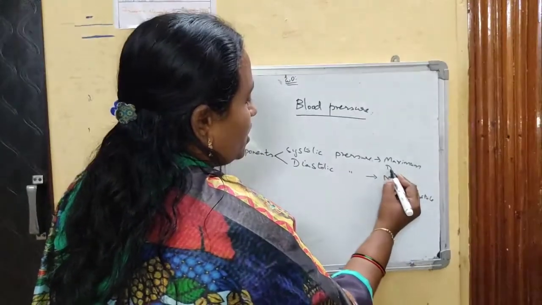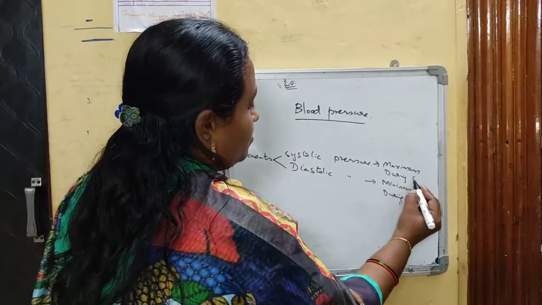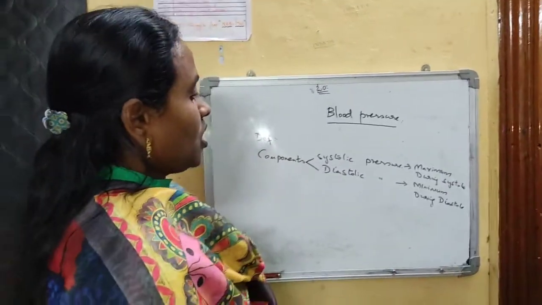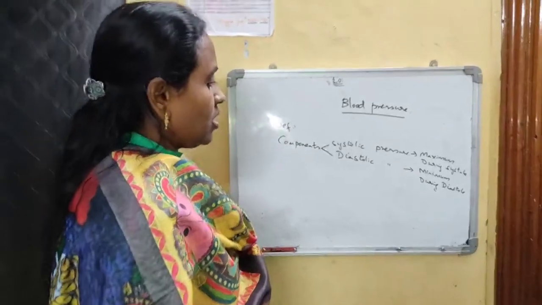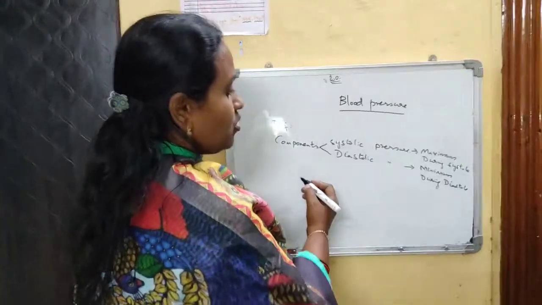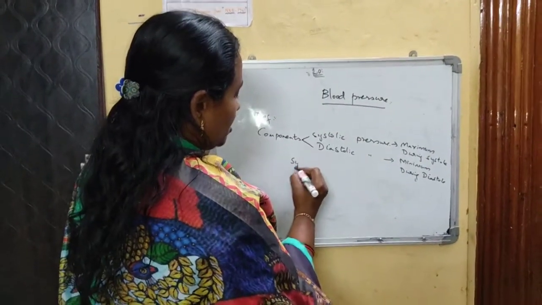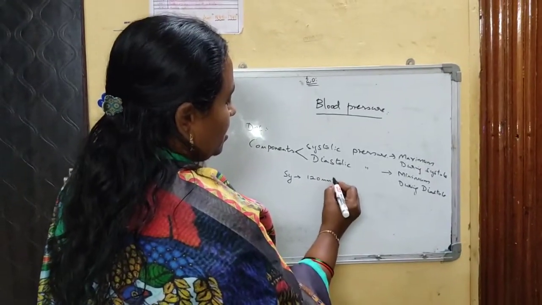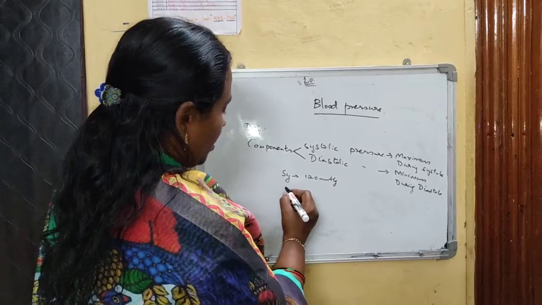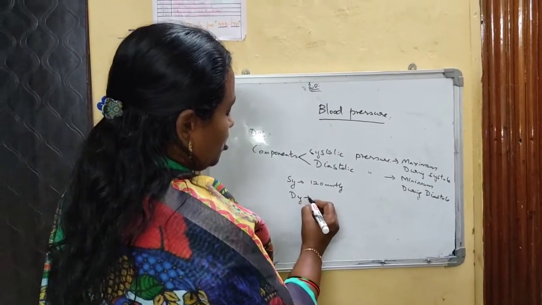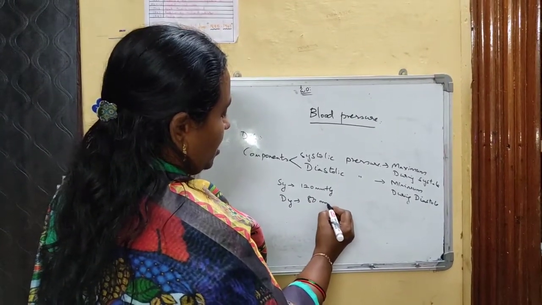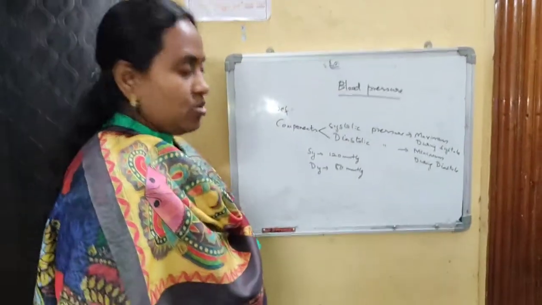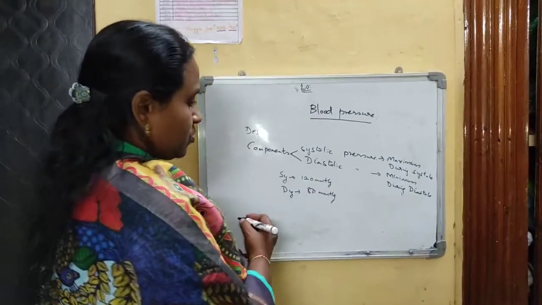That is why it is called systolic blood pressure and diastolic blood pressure. As all of you are aware, normally we consider systolic blood pressure as 120 mm of Hg and diastolic blood pressure as 80 mm of Hg. The range and all that I will tell you later on.